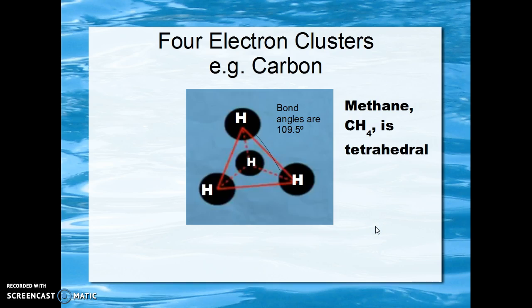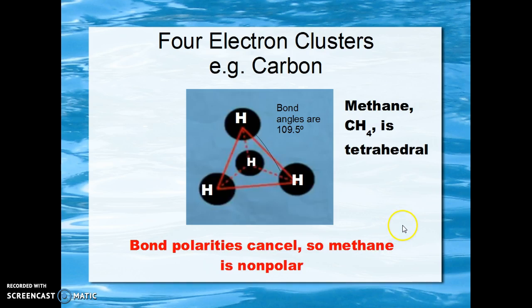That means methane, or carbon tetrahydride, is tetrahedral. I think it's also clear that methane is nonpolar. Any bond polarity is offset by the other three dipoles pulling in the other direction.